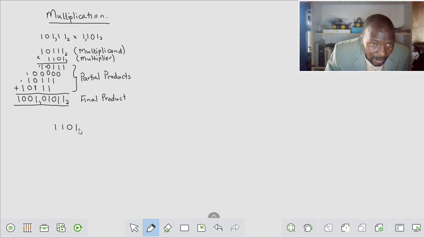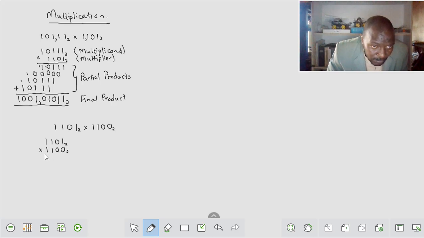So if we're given a question like this, multiply by 1 1 0 0, for instance, 1 1 0 1 is our multiplicand and 1 1 0 0 is our multiplier.